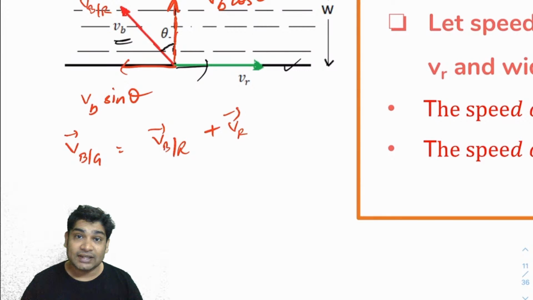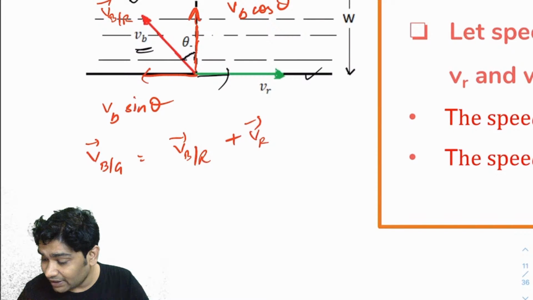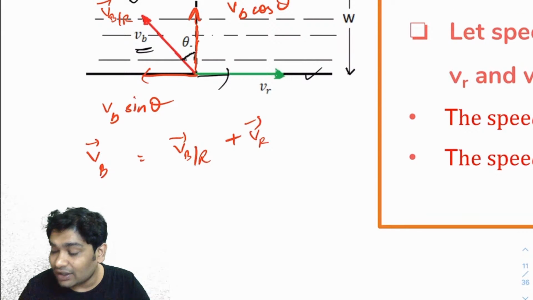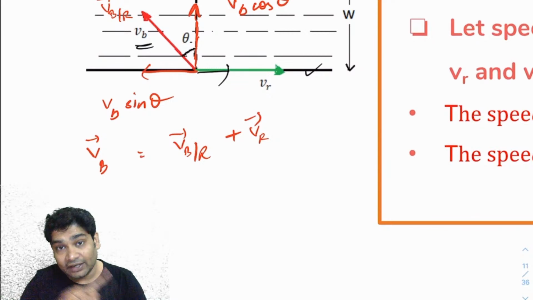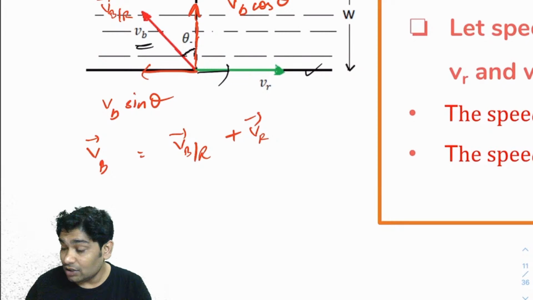So I hope you remember this relation. We have done nothing but use the equations that we studied the last time. Last time we studied that VB with respect to R would be VB minus VR. If I take VR on the other side, I will get VB equals VB with respect to R plus VR. All right. So please remember this.